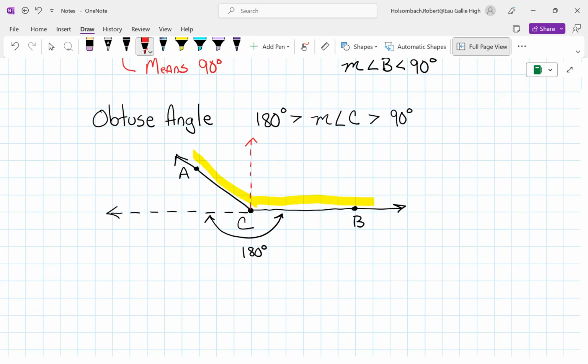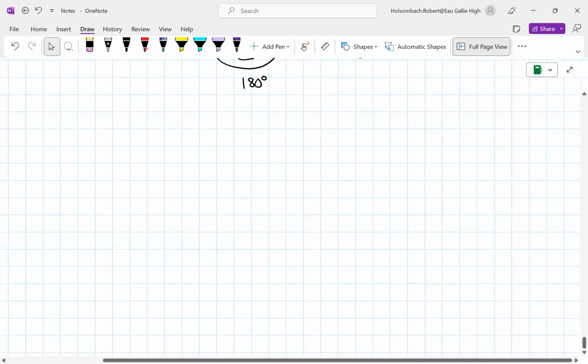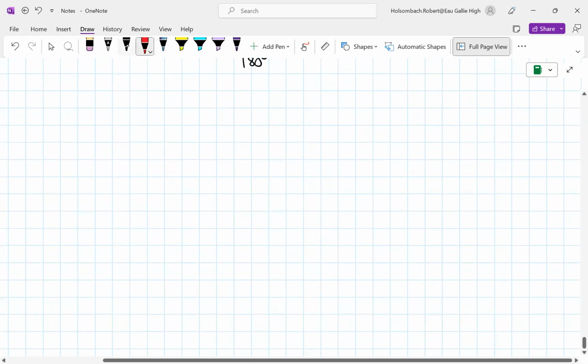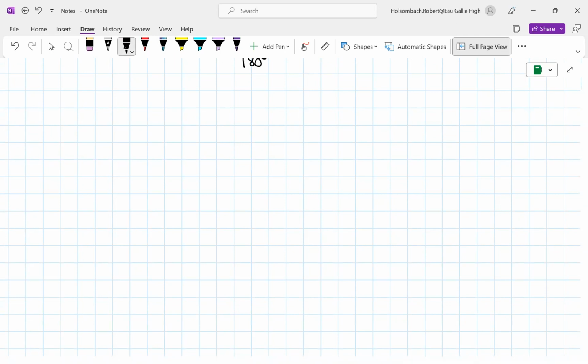Any questions up till now? All right, top of page 39. Congruent angles.